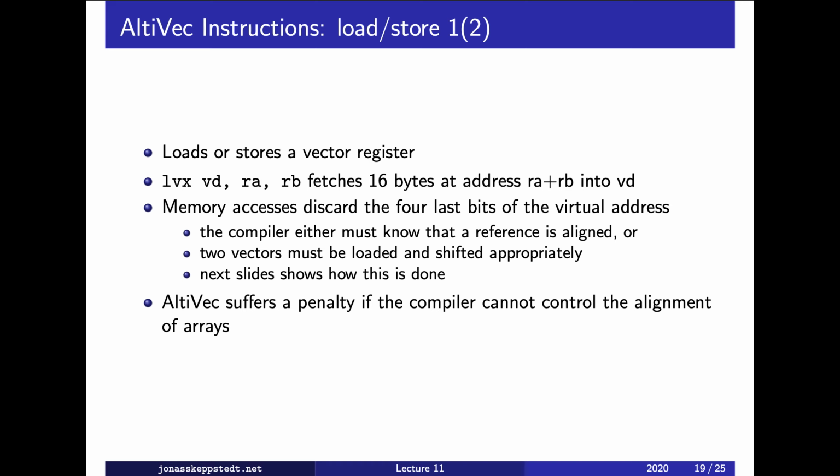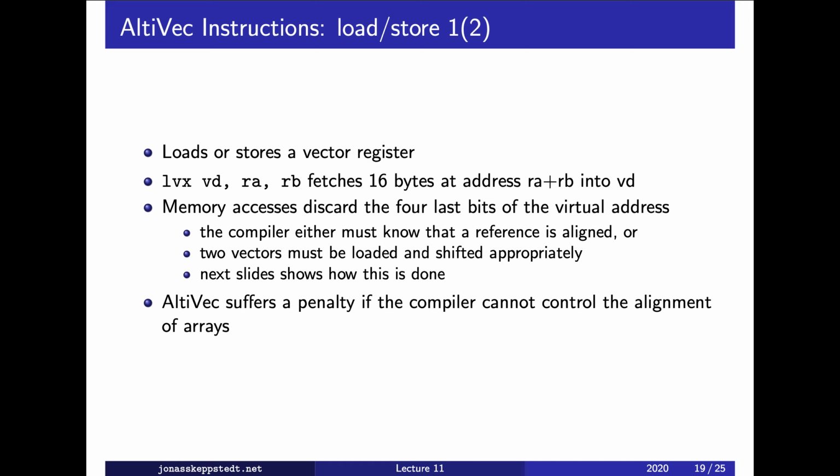So, vector load instruction, it reads obviously 16 bytes, from the sum of 2 general purpose registers, I mean integer registers. The interesting thing is that the 4 least significant bits are ignored from the address.